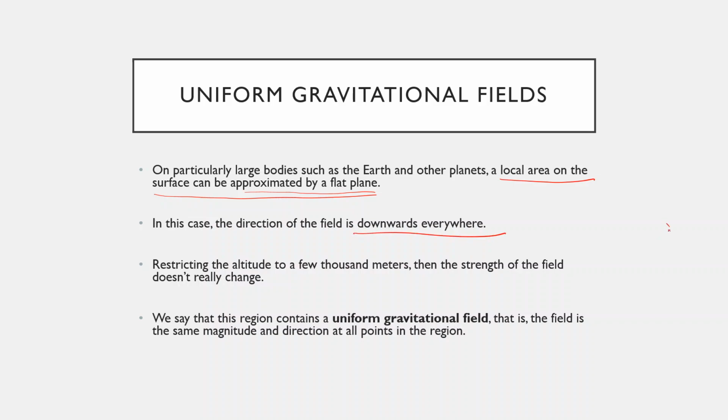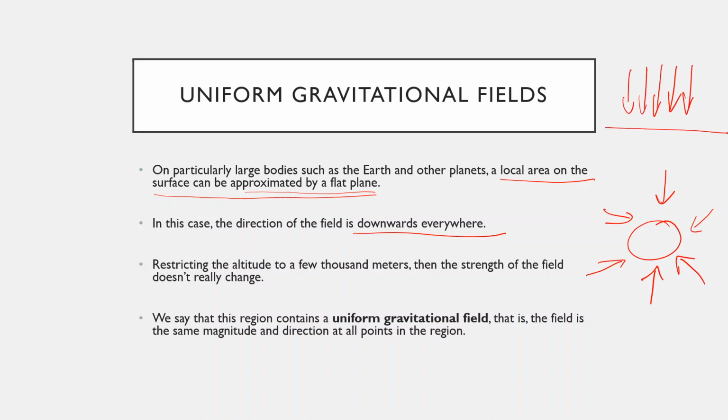We sort of define down to be the direction an object falls. But in terms of these arrows, if you were to localize yourself to your backyard, they'd all be pointing this way, because the ground is flat, and down is somewhere all the way out of the screen.